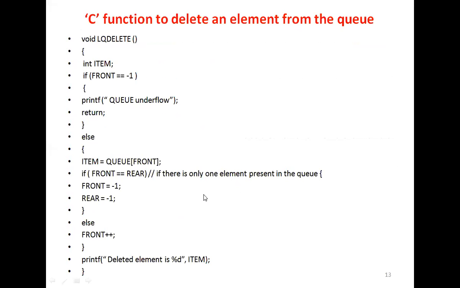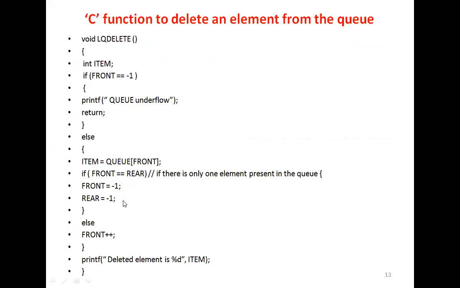So this is the C function to delete an element from the queue. Void LQ delete with int item: if front equals -1, then print the underflow message and return. Else item equals Q[front]. Then we check if front equals rear, which means there is only one element in the queue. Then delete that element and assign front equals -1 and rear equals -1.